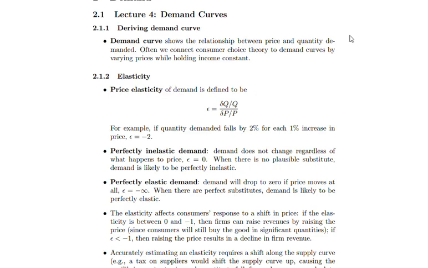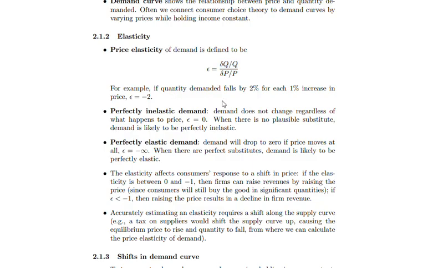Now the next topic is about elasticity. Elasticity of demand is defined to be the percentage change in quantity over the percentage change in price. For example, if quantity demanded falls by 2% for each 1% increase in price, then epsilon equals minus 2.